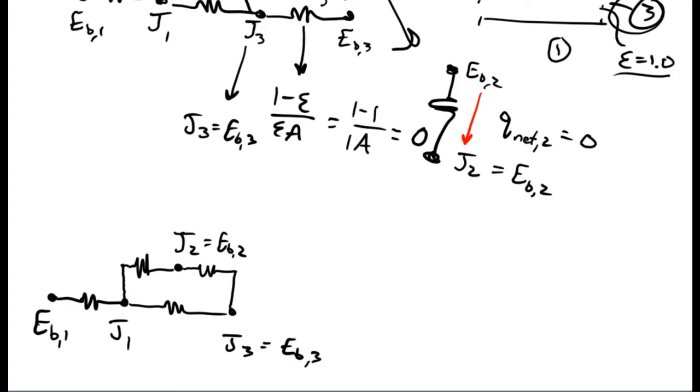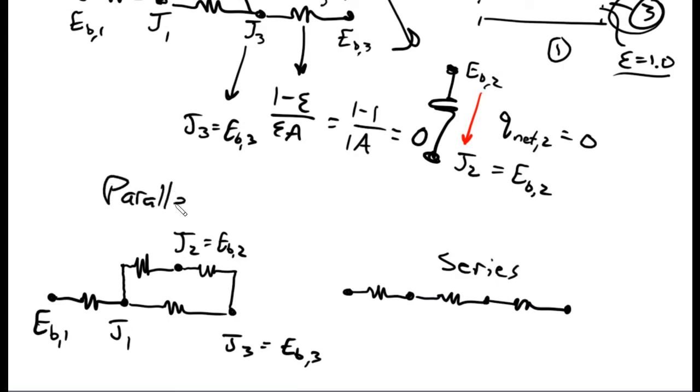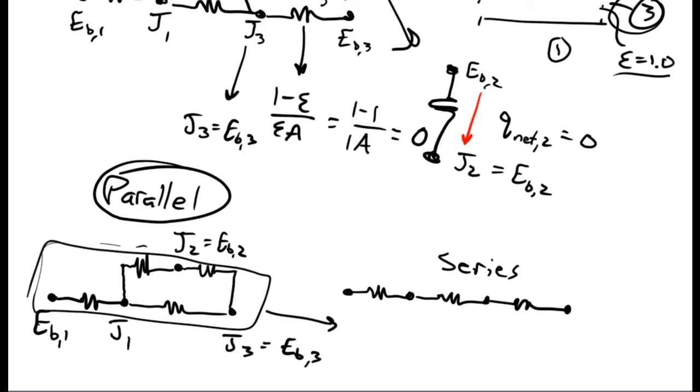Instead of having a circuit like we've done before, where we just have had resistors all in series, now we have resistors in parallel, right? So you now need to break this circuit down into an equivalent circuit, which would be EB1 to EB3 with one resistor between them, which would be the total of adding all these resistances together.